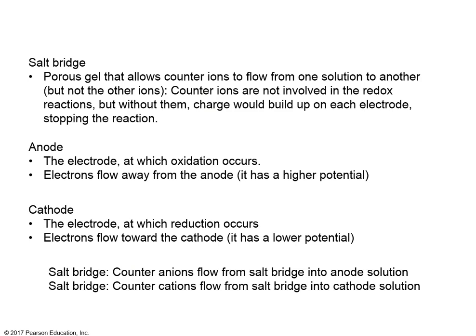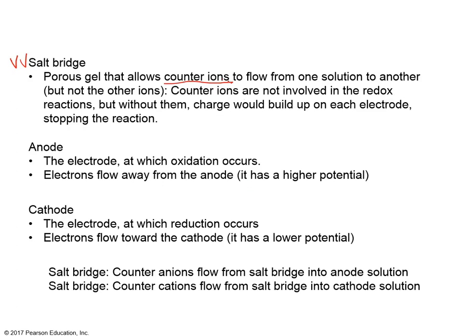So in terms of our electrochemical cell, we have a salt bridge. The salt bridge will allow counter ions to flow from one solution to another, but it does not allow the ions that are actually involved in the reactions.